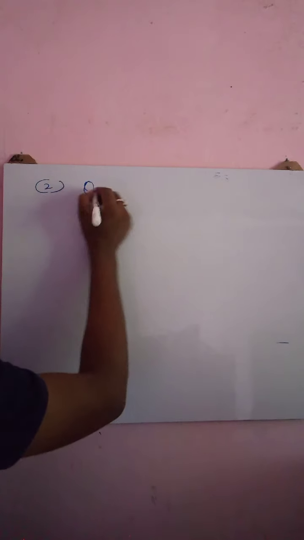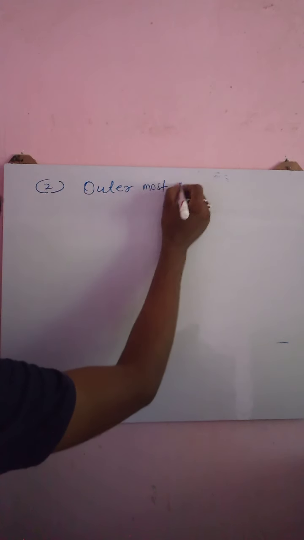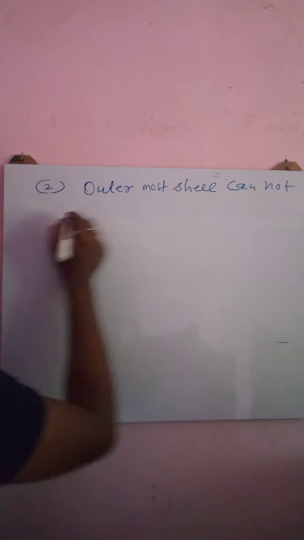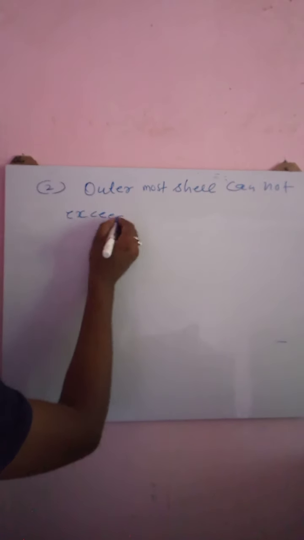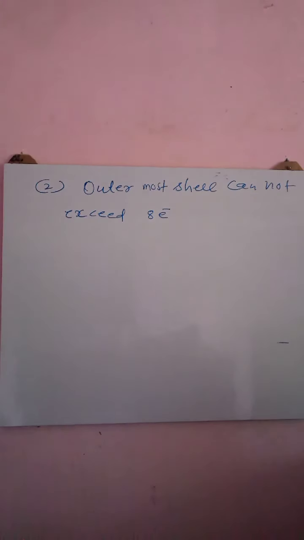Now come to point number 2 of the Bohr-Bury scheme. Point 2 states that the outermost shell or valence shell cannot exceed how many electrons? 8 electrons. The outermost shell cannot exceed 8 electrons.